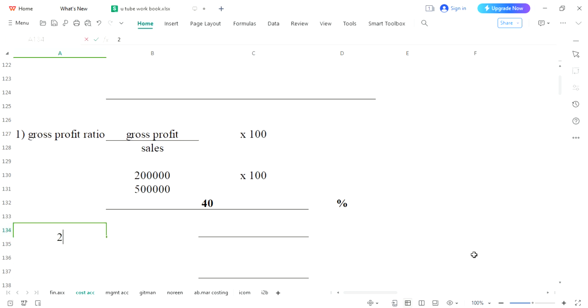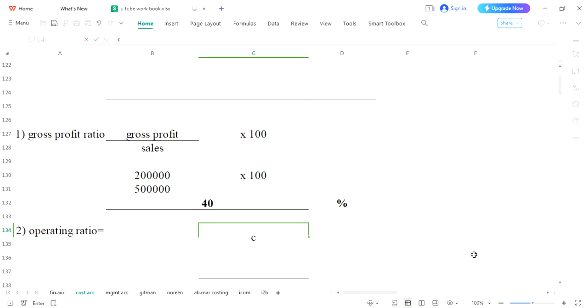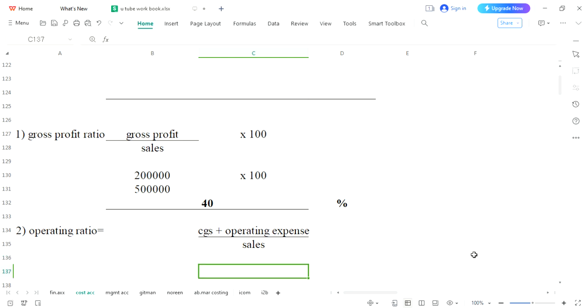Second is operating ratio, which we have calculated in the previous question as well. For that, what do we need? CGS plus operating expenses, and this would be divided by net sales.